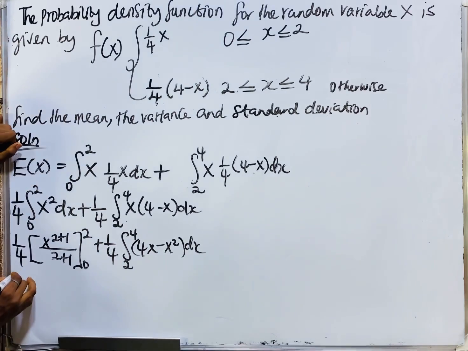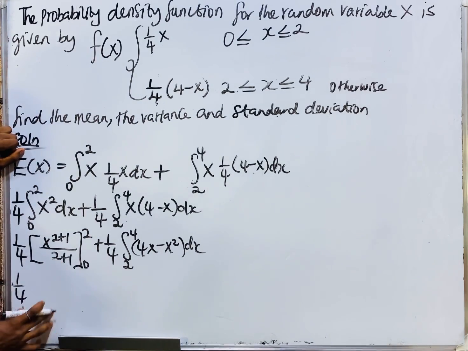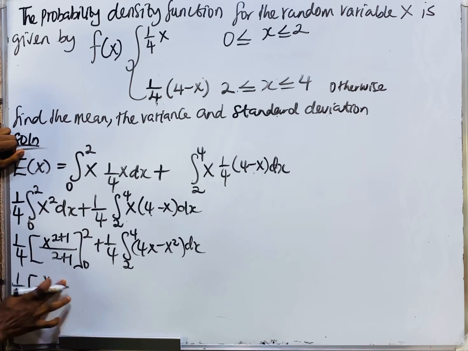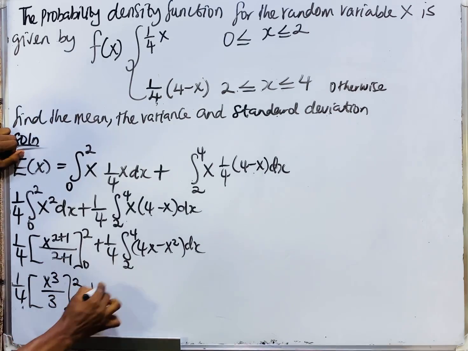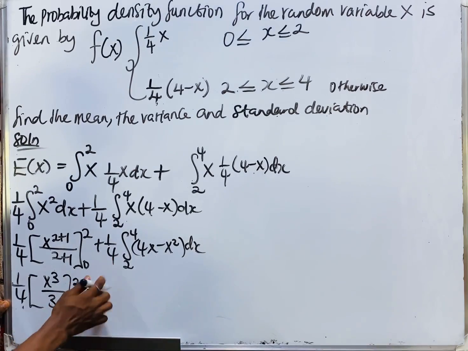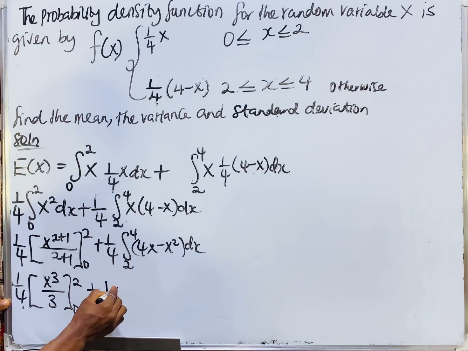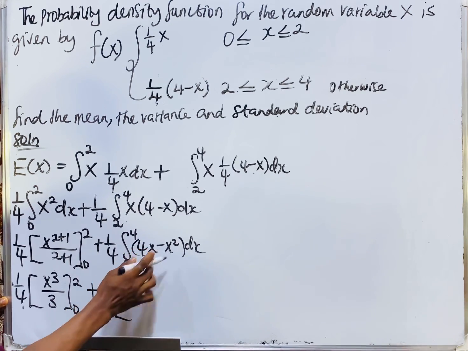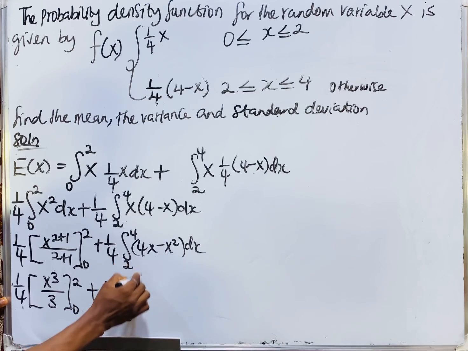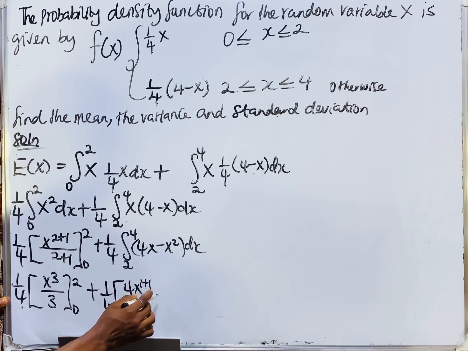Now we are going to put our limits. Anywhere we see, okay, that's 2 plus 1, 3. 2 plus 1, 3, right? From 0 to 2. Then plus, this one will be 1 over 4. Integrating this will now be 4x to the power of 1 plus 1, which is 2, right?